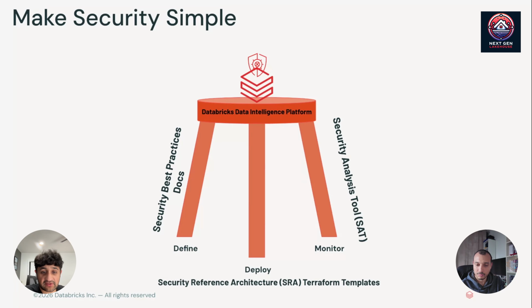It's an easy way to understand the different controls and practices that you should have in place when administering Databricks at scale. The next component is deployment. How can cloud infrastructure admins and security teams deploy Databricks according to best practices right from the get-go? For that, we have our security reference architecture Terraform templates, which are publicly available for all three clouds, and it's the most secure and scalable way to deploy Databricks today.